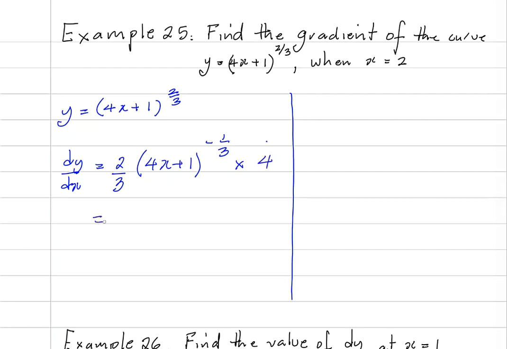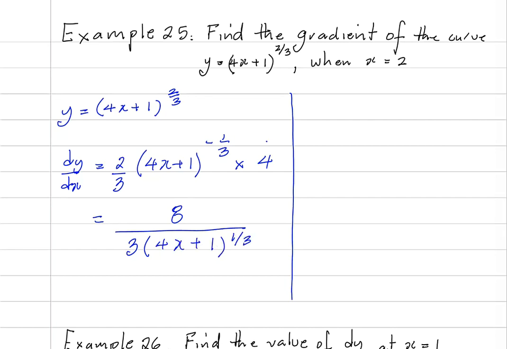So now what we have is 8 at the top, and down by the bottom we have 3 into 4x plus 1 raised to the power 1/3.